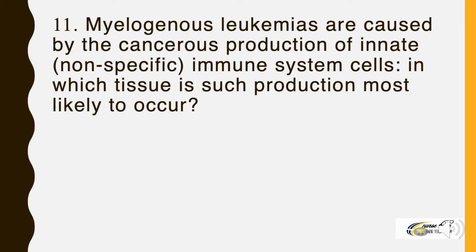In which tissue is the production most likely to occur? Answer is bone marrow. Leukemia is characterized by the proliferation of myeloid tissue and an abnormal increase in the number of granulocytes, myelocytes, and myeloblasts in the circulating blood. It's also called myelocytic leukemia or myeloid leukemia.